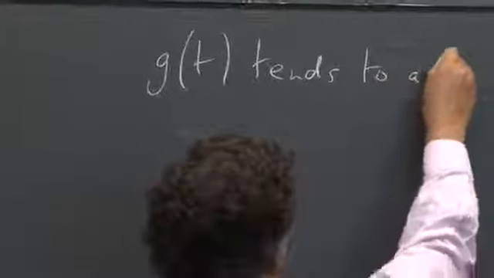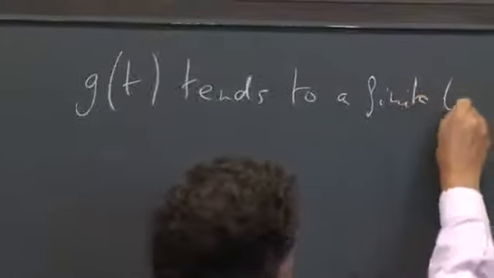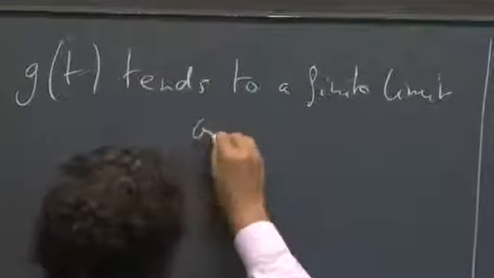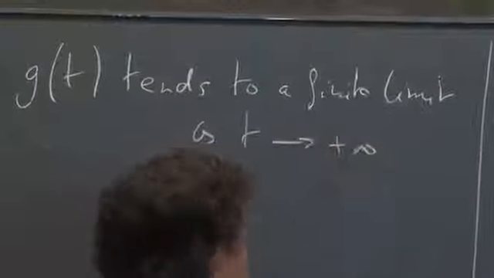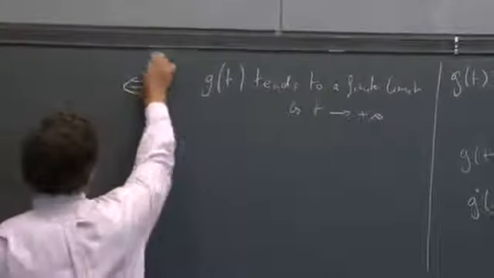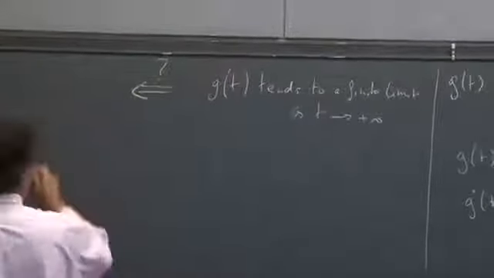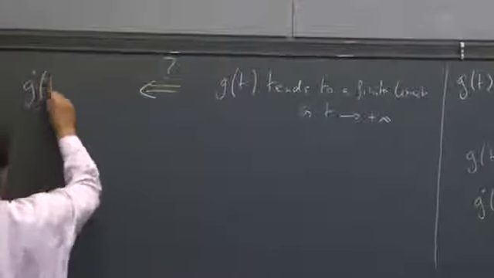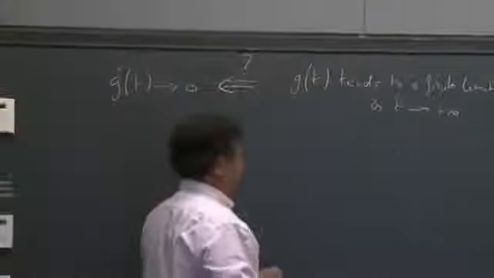So g tends to a finite limit as t tends to infinity, okay? Is it true that it implies that g dot of t tends to 0?